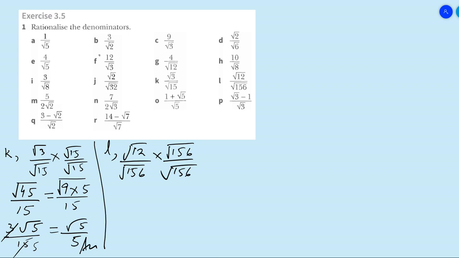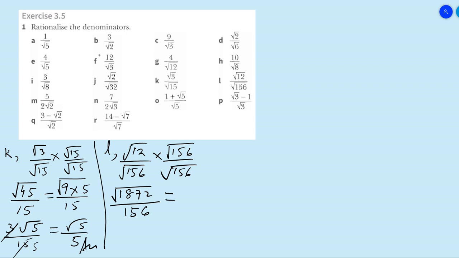Now I will use a calculator. 12 into 156 is 1872. Root 1872 upon root 156 into root 156 is just 156.